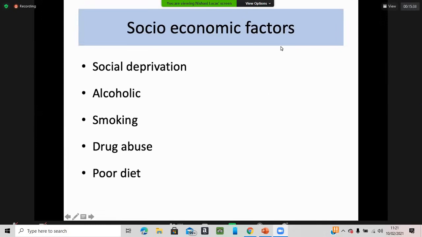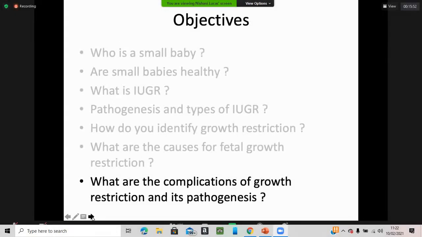Right. Then there are also socio-economic factors like social deprivation, alcoholism, smoking, drug abuse, street drugs, and poor diet, which can also cause undernutrition of the mother as well as growth restriction in the baby. Right. So those are some of the causes that cause restriction of growth.